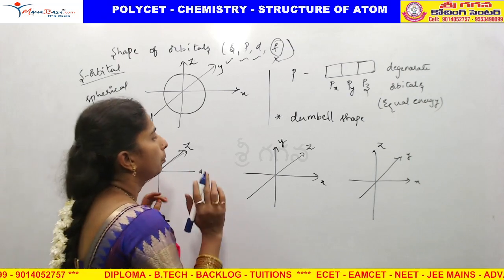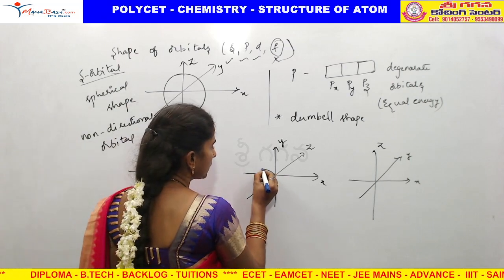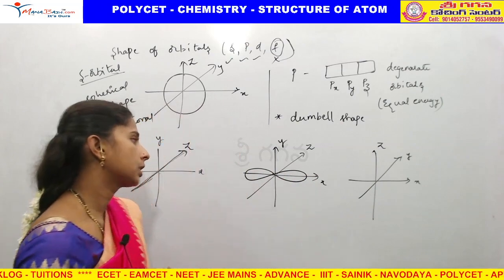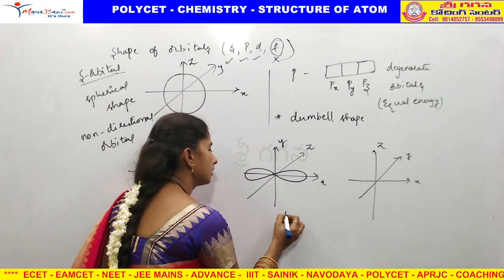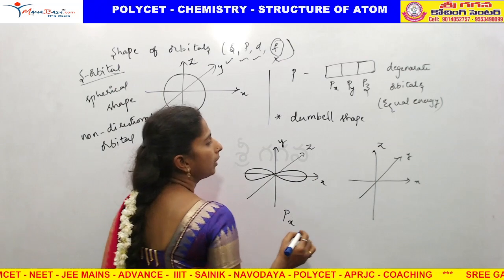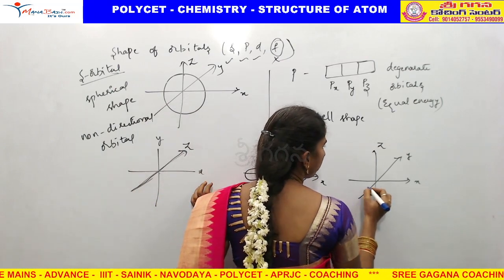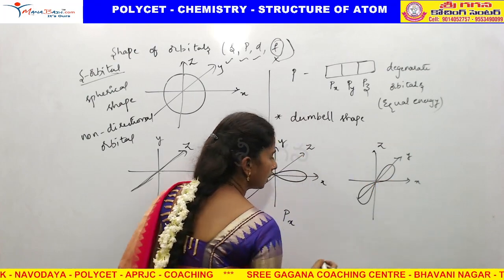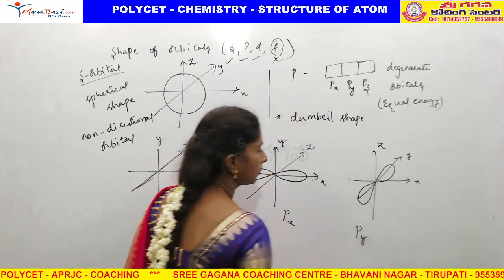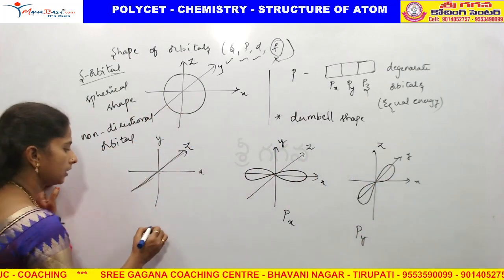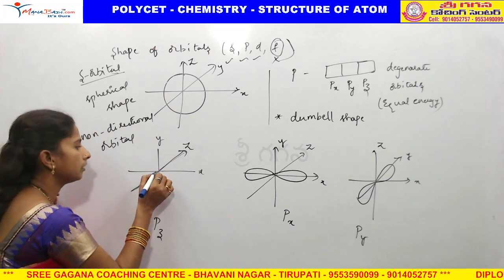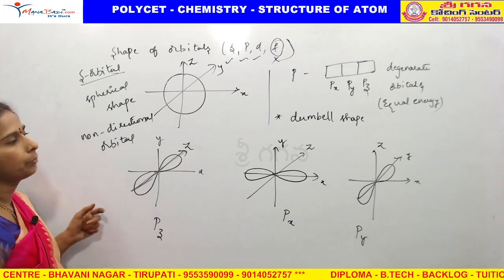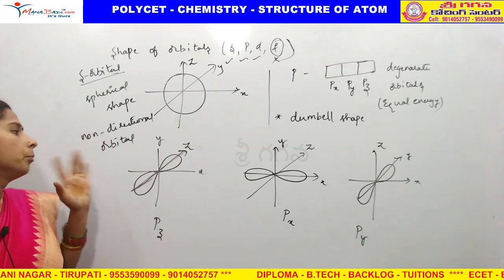Px means a dumbbell shape on the x-axis. Py means a dumbbell shape on the y-axis. Pz means a dumbbell shape on the z-axis.